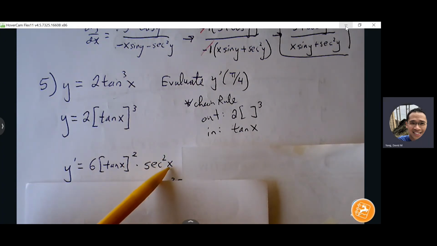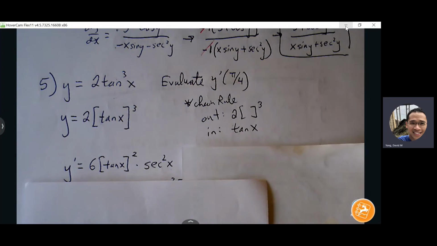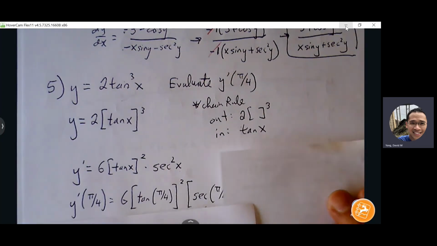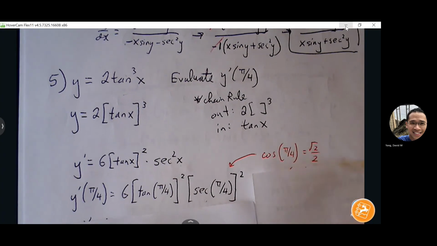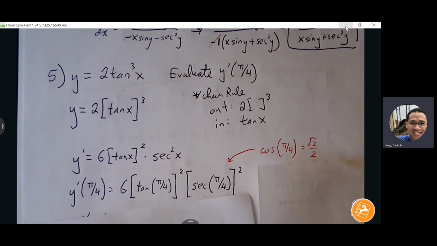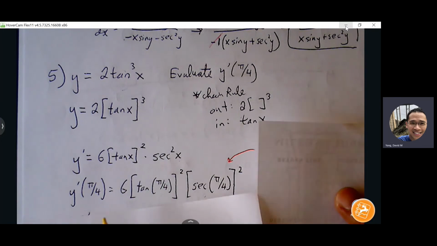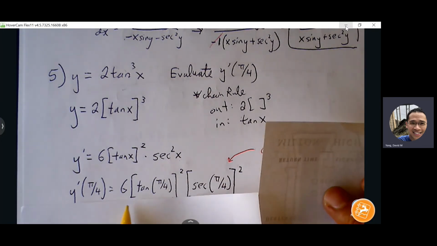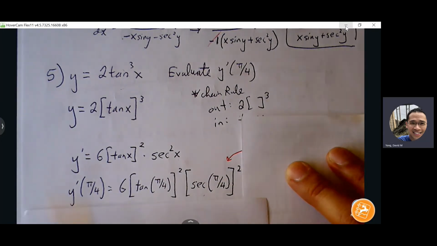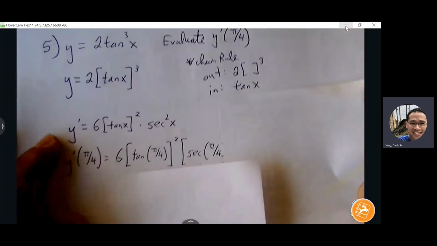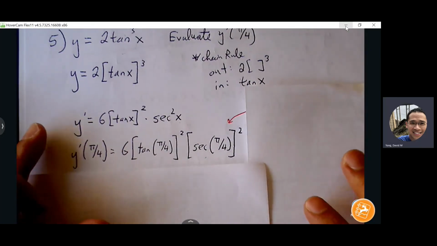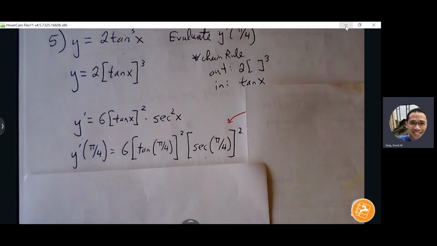You really want to understand that it's secant of pi over 4 that comes first, and then that result gets squared. So I like to rewrite that secant x with a set of brackets so that I'm not confused in terms of the order that I'm going to apply those things.